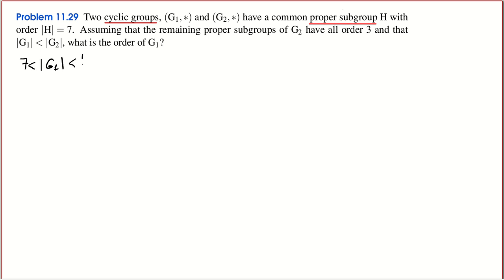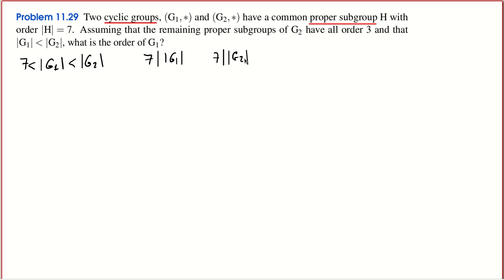Not only that, because H is a subgroup of G1 and G2, we know that 7 must be a divisor of the order of G1, and 7 must also be a divisor of the order of G2. So it's a common divisor of both, and it's a proper divisor.